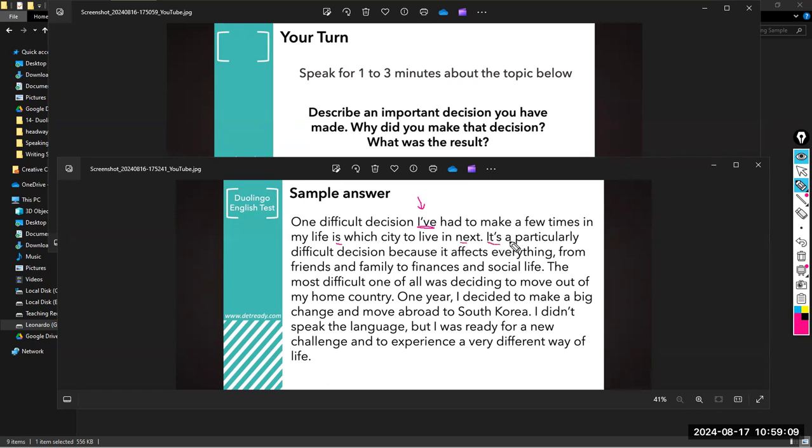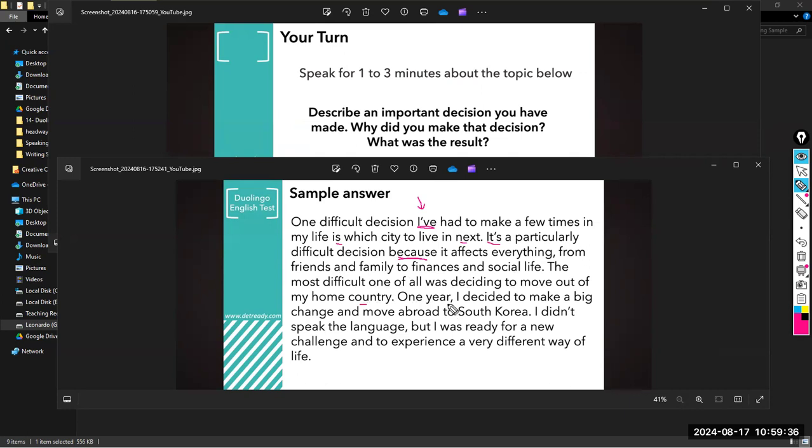It is a particularly difficult decision because, now I want to mention the reason, because it affects everything from friends and family to finances and social life. The most difficult of all decisions was deciding to move out of my home country.